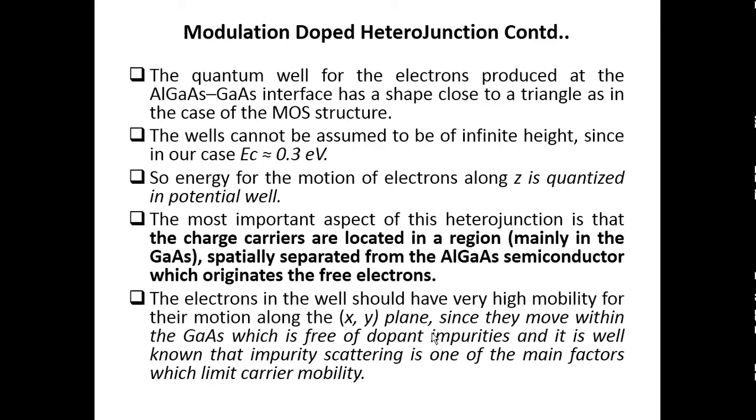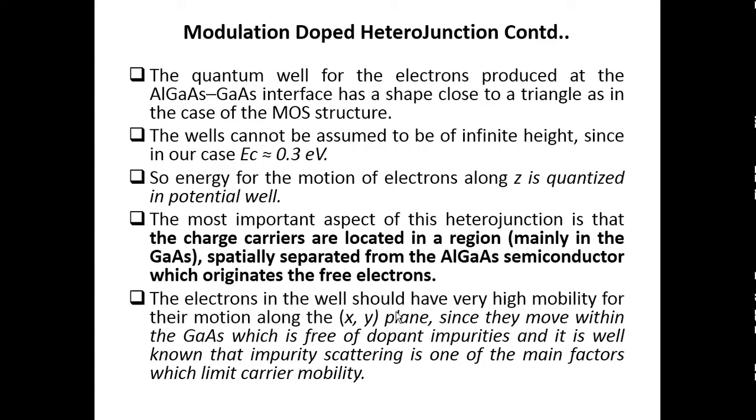Because they move within the gallium arsenide, which is free of dopant. There are no impurities, so there is no scope for impurity scattering. We have already discussed impurity scattering of the electrons due to the impurities added, isn't it?